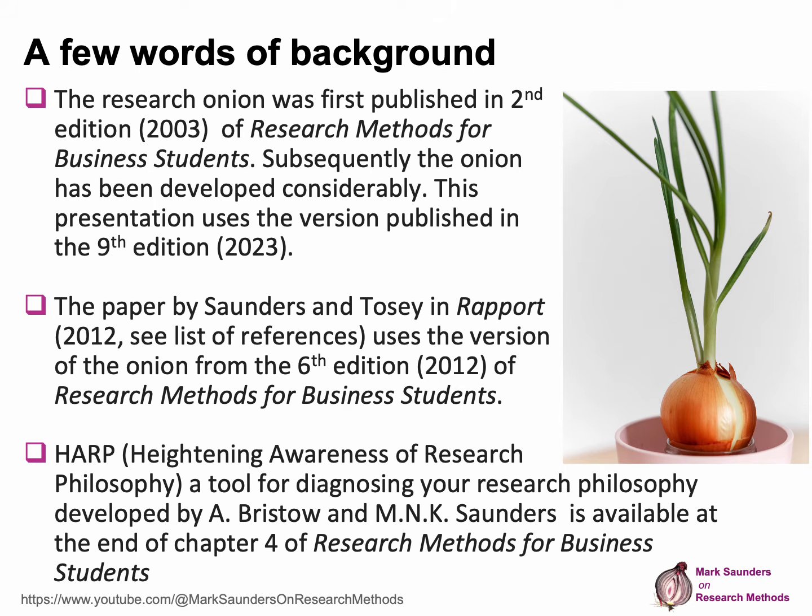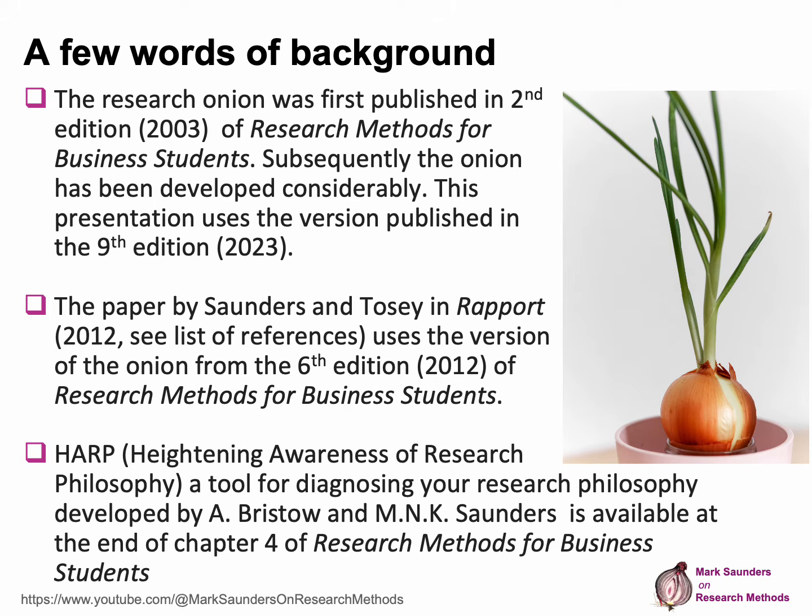However, subsequently, in more recent editions, we've developed the onion considerably. And the presentation which you've been watching uses a version of the onion which was published in the 9th edition of Research Methods for Business Students, published in 2023.